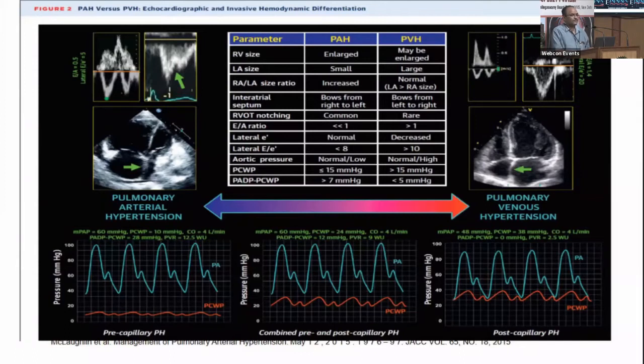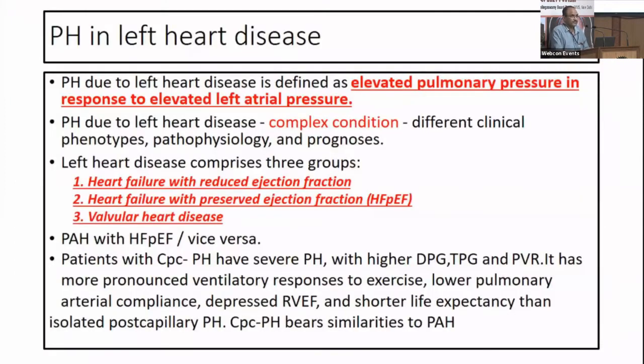As we see here, the right ventricular size, the left atrial size, the interatrial septal bulge, the flow pattern of the pulmonary artery, and features like E/A ratio and E to E prime ratios all help us to distinguish between pulmonary arterial and pulmonary venous hypertension. So pulmonary hypertension in left heart disease is essentially elevated pulmonary pressure in response to an elevated left atrial pressure. It is a complex condition.